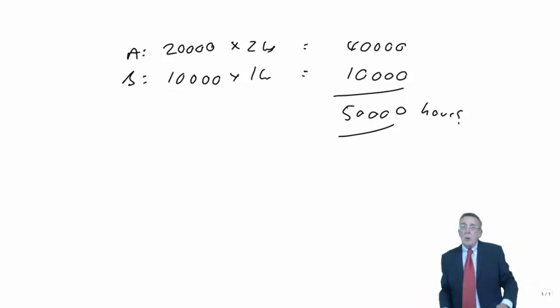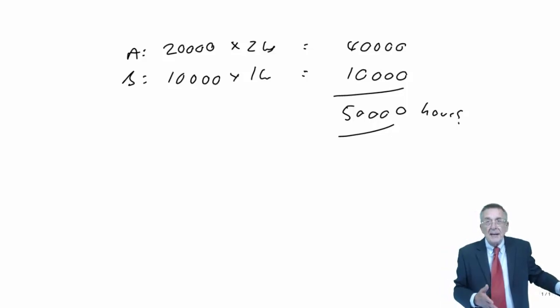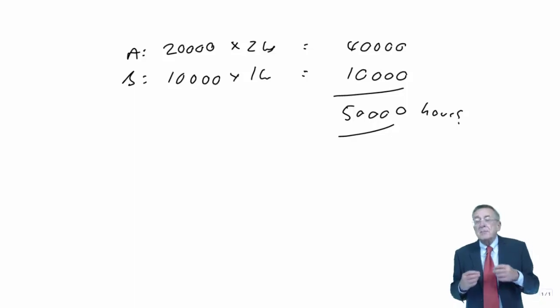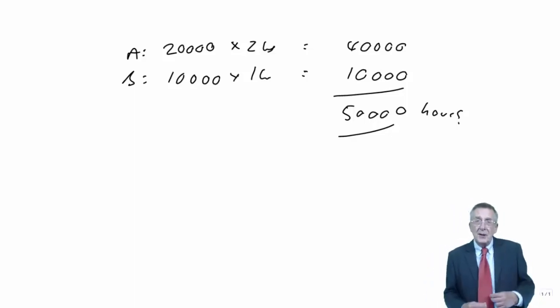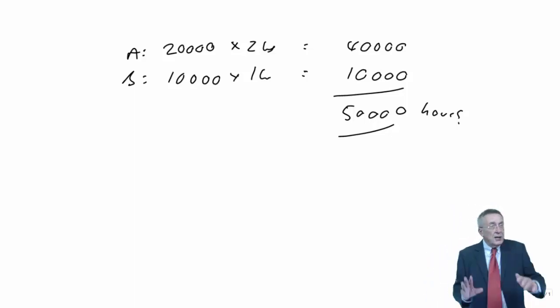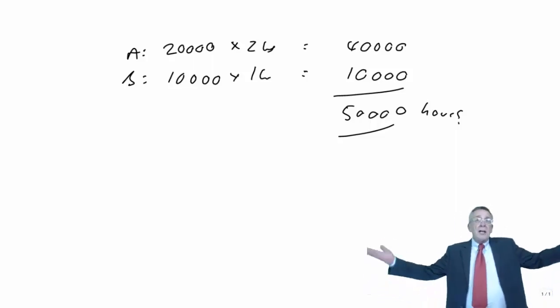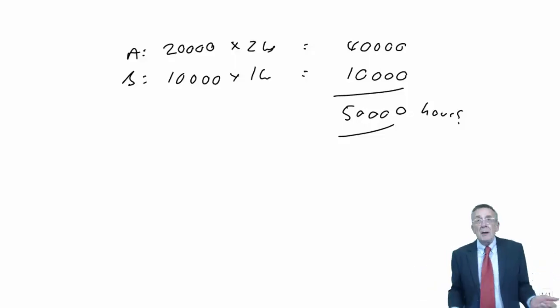All right, some weeks they're busier, some weeks a bit less busy. But in the short term, labour is more likely to be a fixed cost. Not in the long term. Obviously, in the long term, if we're starting to produce more, we'll hire more people and labour will go up.